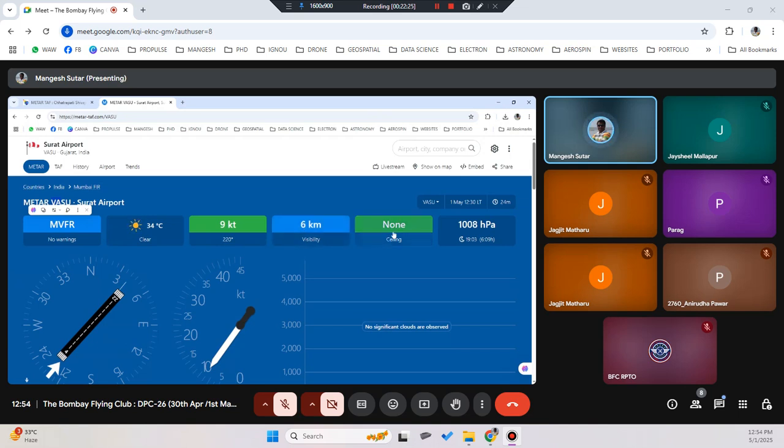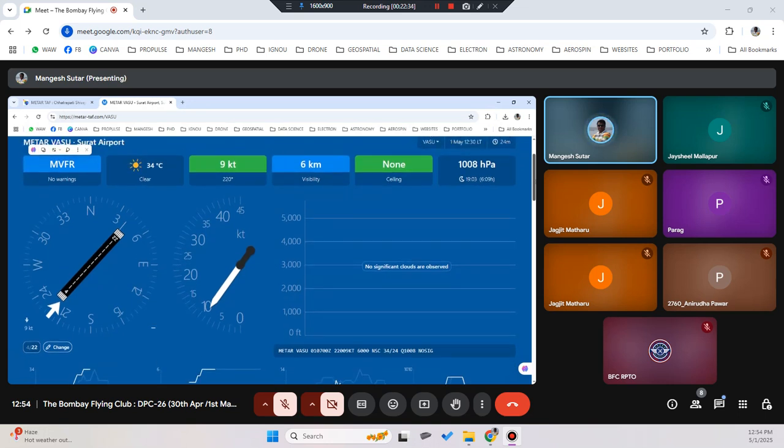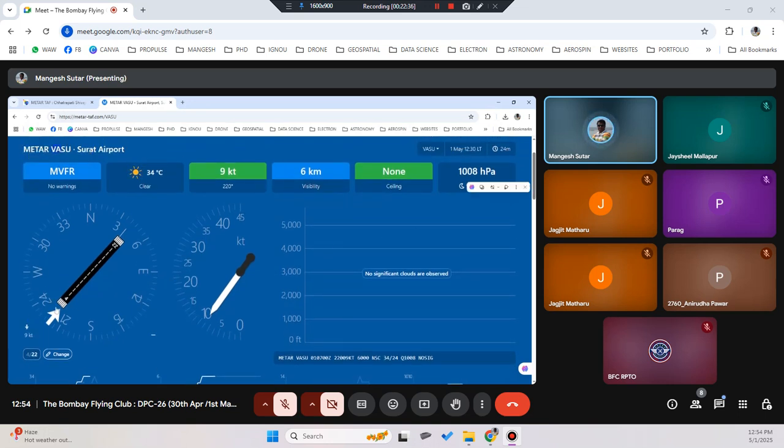Non-ceiling wind, it is a clear sky. Atmospheric pressure is standard, 108 hectopascal. If you see, wind is flowing from this direction. This is how the orientation of the landing strip is on the airport. North south, the angle is a little bit tilted.